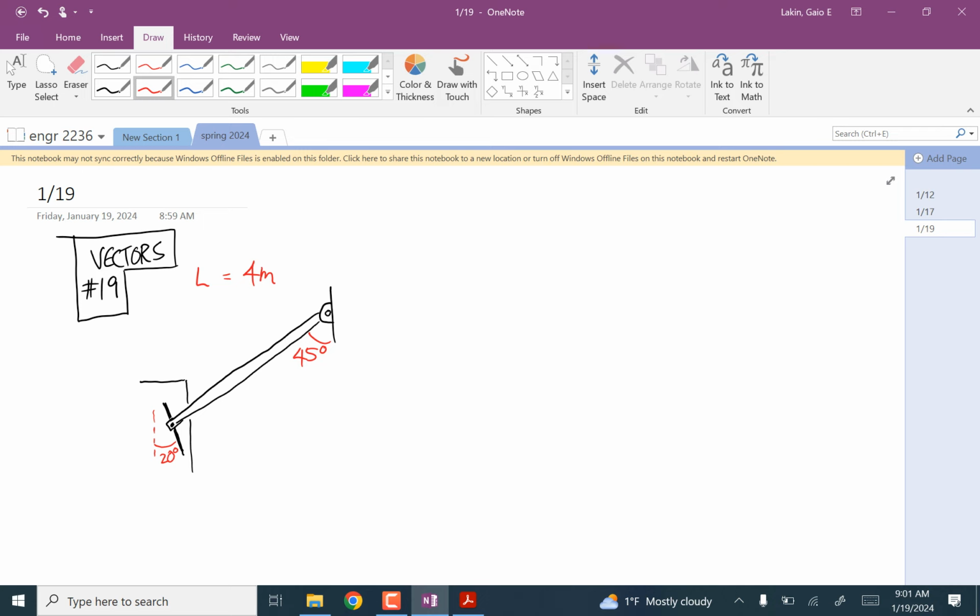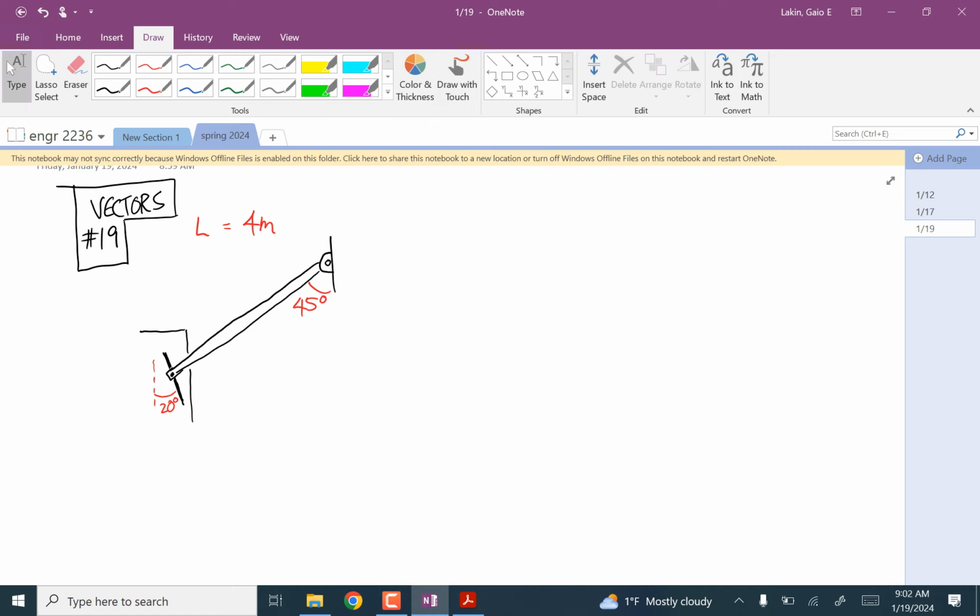Okay, so the first thing it asks for is we want to come up with a force vector that has a magnitude of r and is perpendicular to that slot.